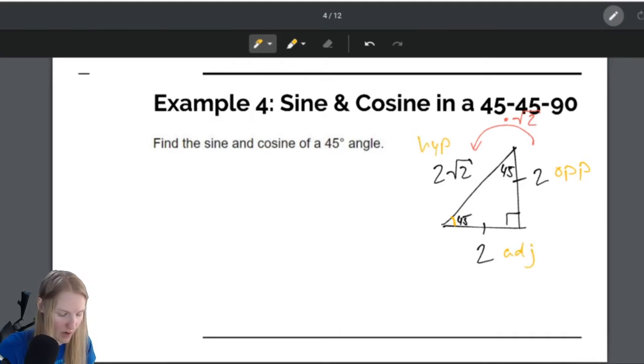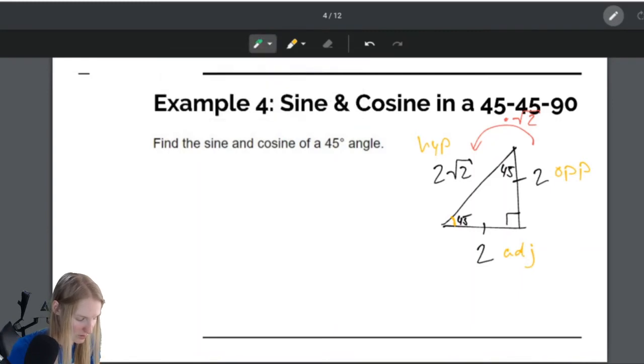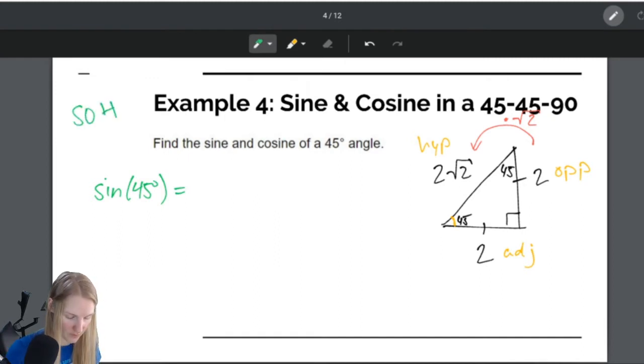And this is the hypotenuse. So, let's do sine first. If I'm looking for sine of 45 degrees, remember sine is SOH, so I'm going to take the opposite and the hypotenuse. So sine of 45 degrees is opposite over hypotenuse.